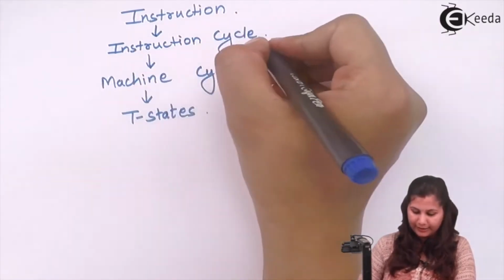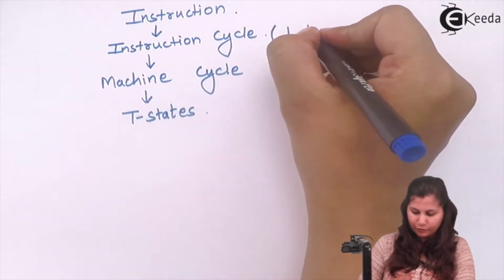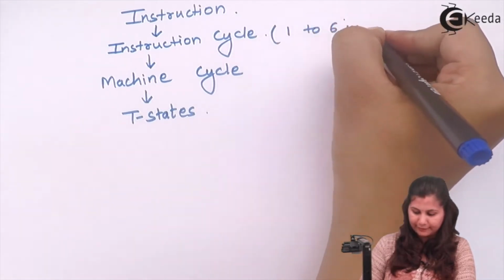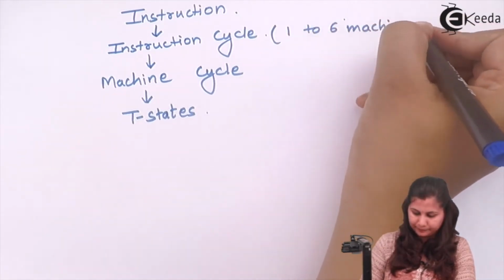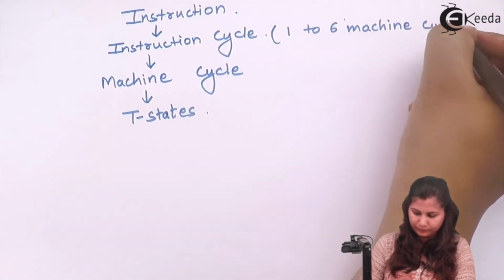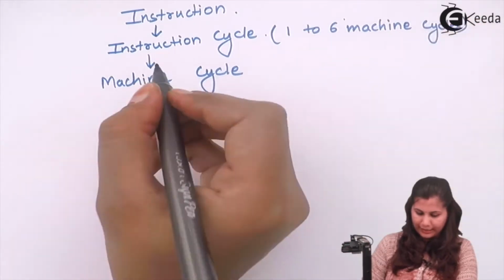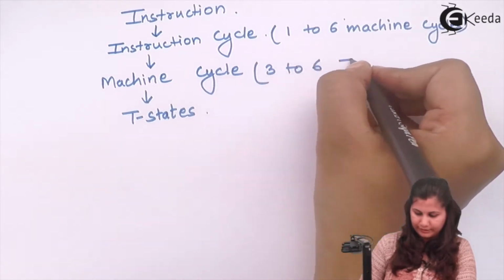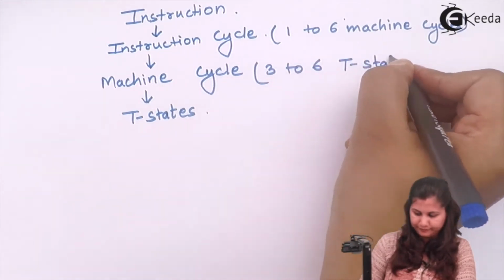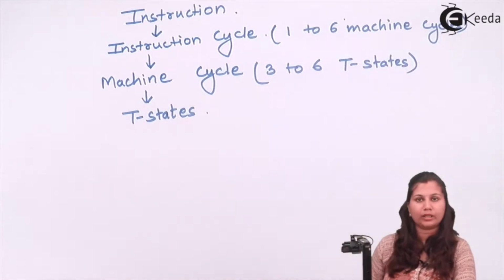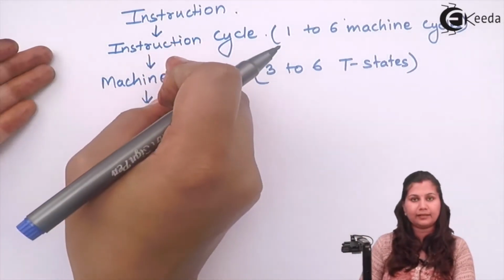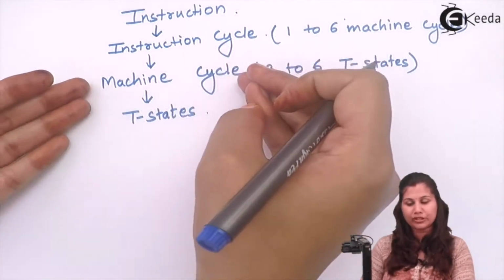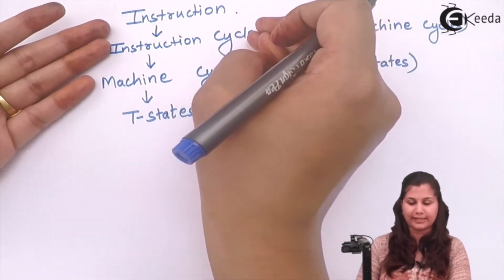Now in an instruction cycle we can have 1 to 6 machine cycles, and in a machine cycle we can have 3 to 6 T states. Okay, so T states are within the machine cycle, and machine cycles are within the instruction cycle.